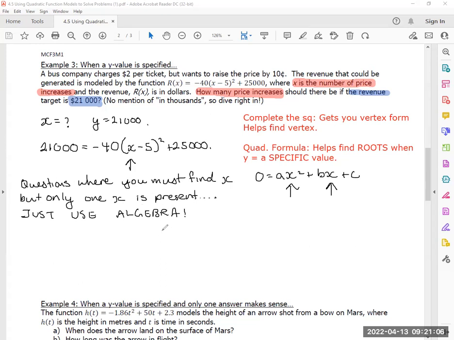You can go back to our grade 9-10 skills of just using algebra. And I'll demonstrate that in just a second.